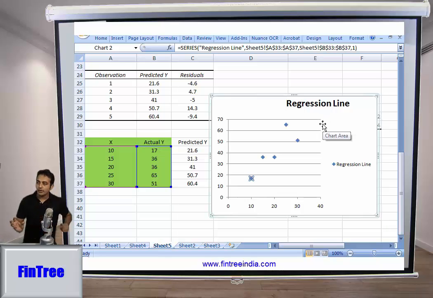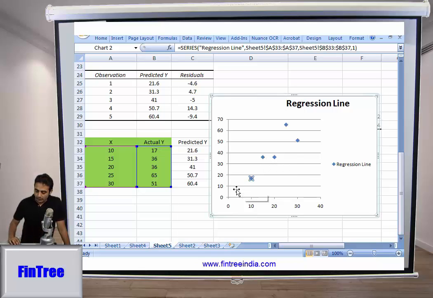Out of these 5-6 points, we can draw an infinite number of lines, right? So we can have a line like this or a line like this. So which line is to be chosen as the regression line? That line which will produce the lowest value of SSE, the sum of squared error, would be chosen as the appropriate regression line. So this methodology is referred to as optimal least squares or OLS methodology.